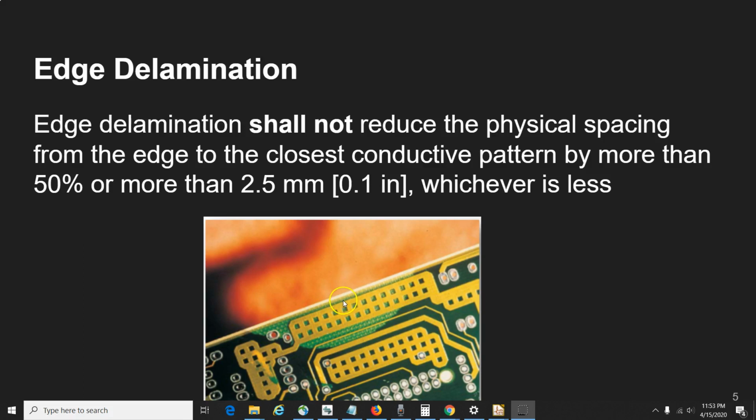It should be more than 2.5 mm, or we can say that it should be more than 50% physical spacing from the edge to the closest conductive pattern. So this requirement should be met when designing the PCB. So you should keep in mind these minimum requirements are met.